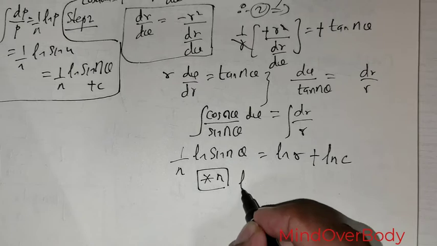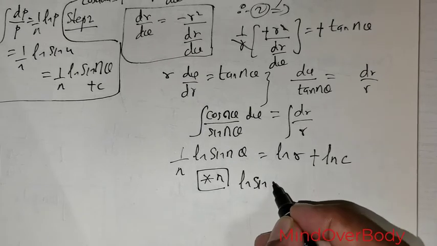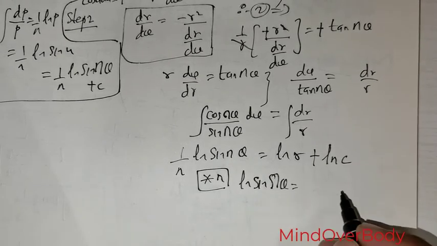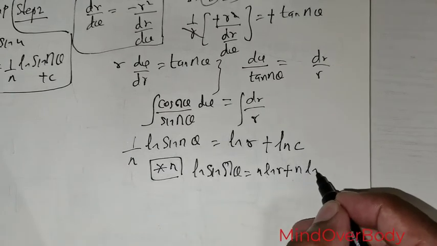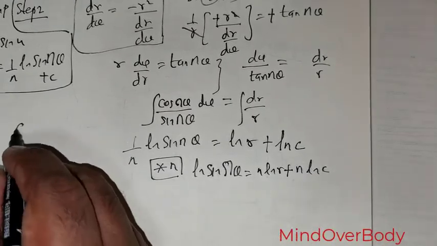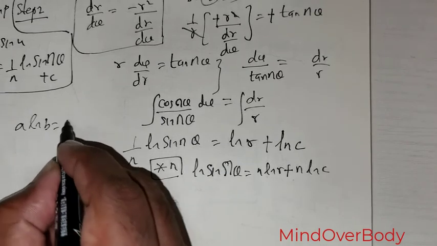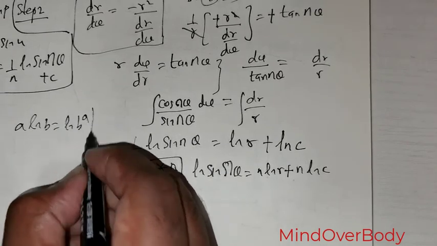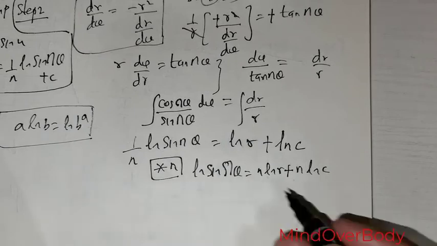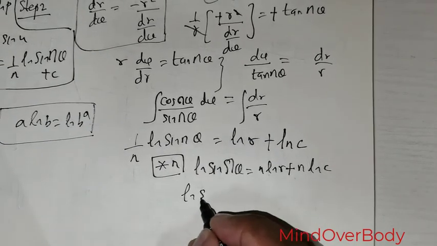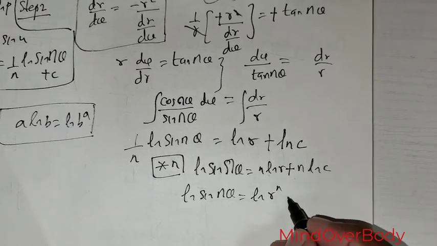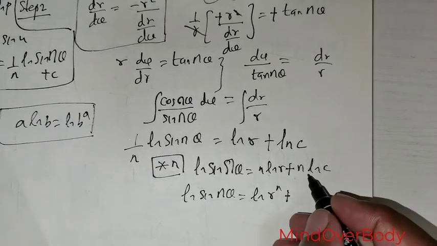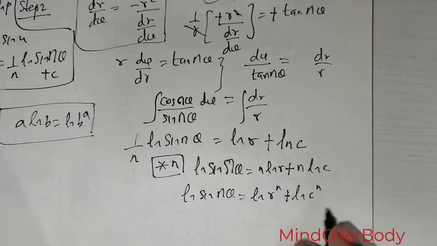So that would give me ln of sin n theta is equal to n times ln r positive n times ln c. Now there is a formula, a times ln b is ln b raised to the power of a. I can write that. So this is going to be ln sin n theta is equal to ln r raised to the power of n positive ln c raised to the power of n.